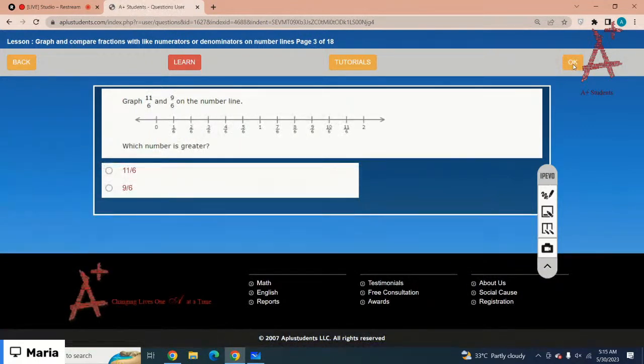Okay, the next one is compare 11 over 6 and 9 over 6 on the number line. Which number is greater? So which is the correct option?